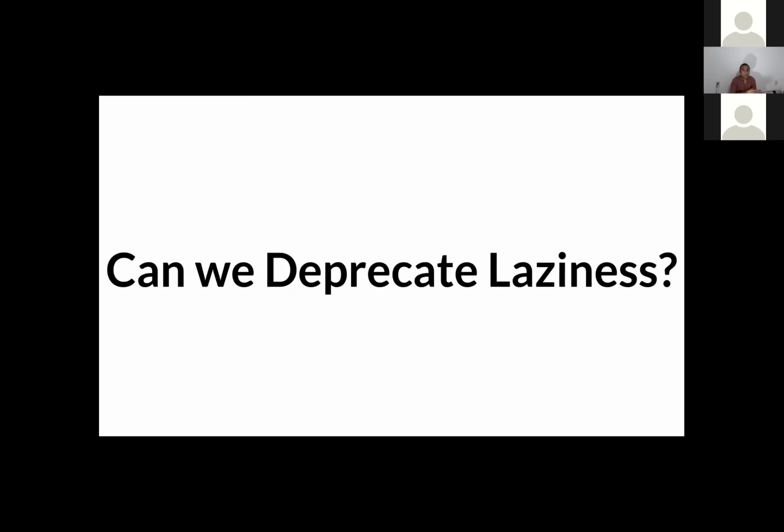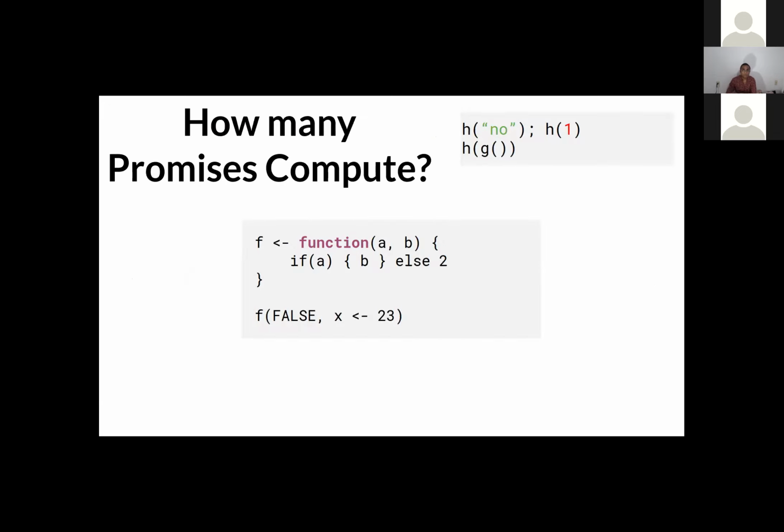Now we know that promises are plentiful, and most of them are anyways forced, and they are a source of headaches for users and implementers. The question is, can we deprecate laziness from R? So let's think about what kind of promises we can easily remove. On the top right, we see a call to H in the first line. There are 2 calls to H. In the first call, we pass a string.